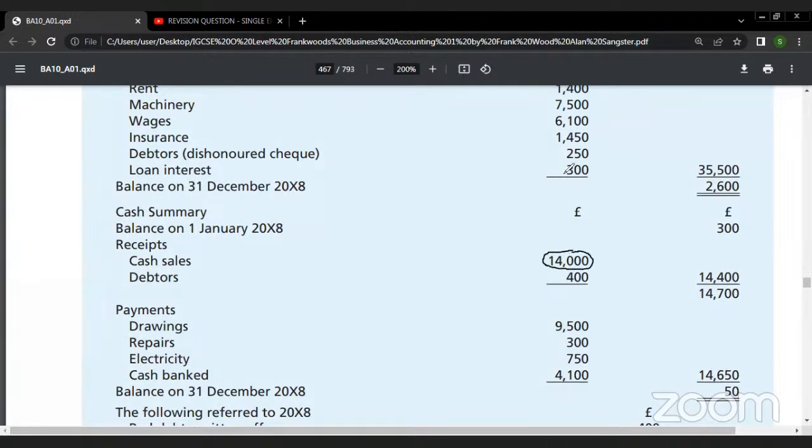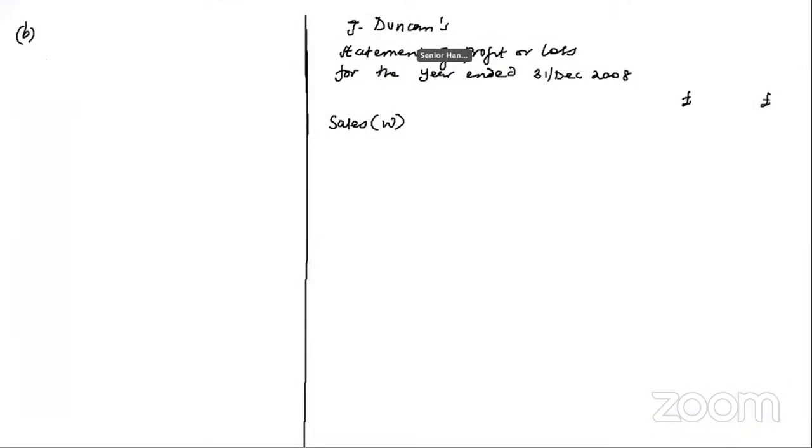But because we have debtors, it means that we also have some credit sales. So when I'm coming up with a sales figure, these are some of my workings here.